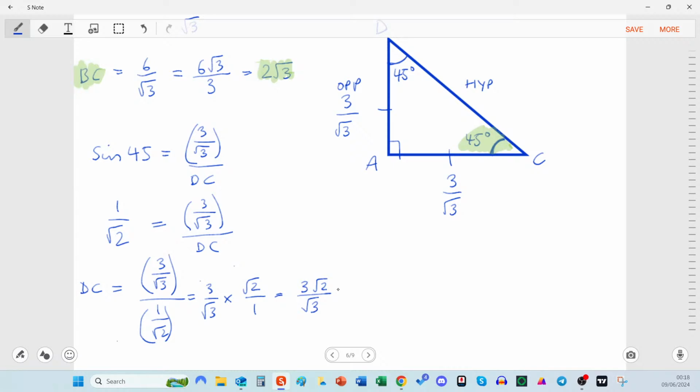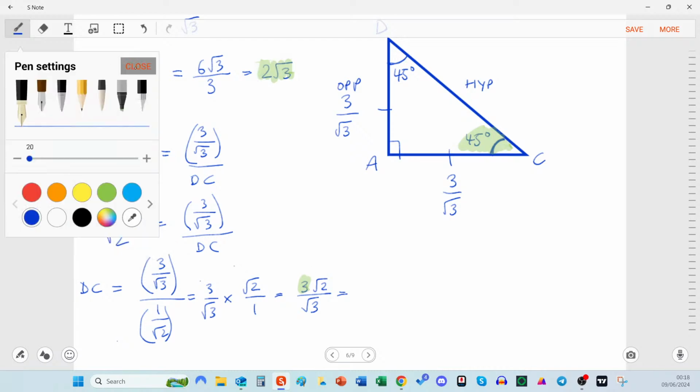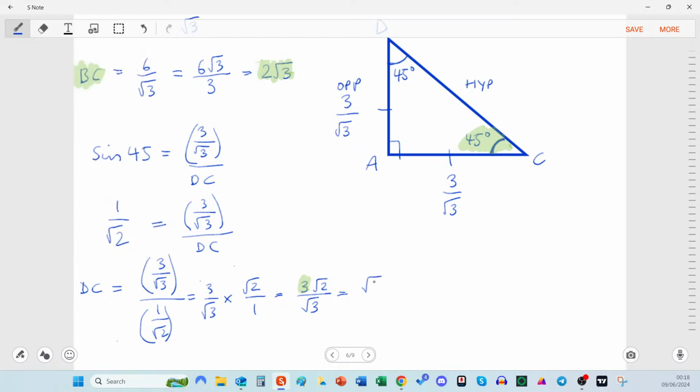But I feel like this is possible if we know a little bit about surds to take it a wee bit further. So 3 is the square root of 9, isn't it? Yes. So 3 can be switched out, and I'll make that clear. 3 can be written as the square root of 9. Just like that.